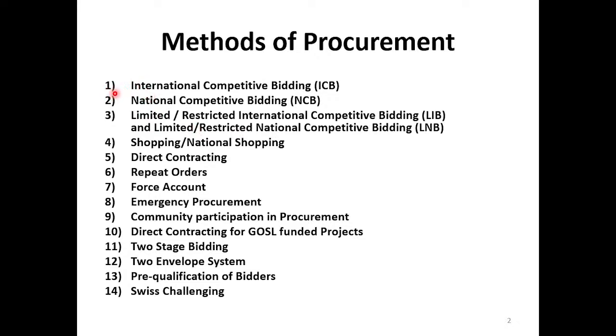So the first and second are open, and the third one is the limited, closed one. Then shopping or national shopping, direct contracting, repeat orders, force account, emergency procurement, community participation in procurement, direct contracting for Government of Sri Lanka funded projects, two-stage bidding, two-envelope system, pre-qualification of bidders, and challenging.